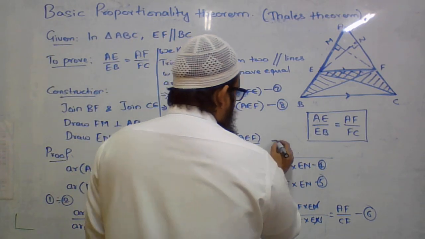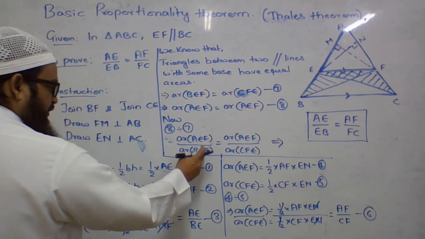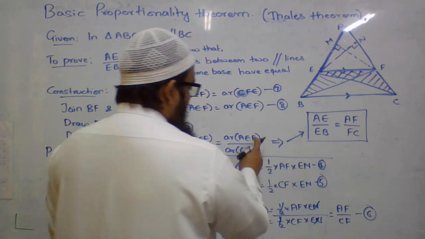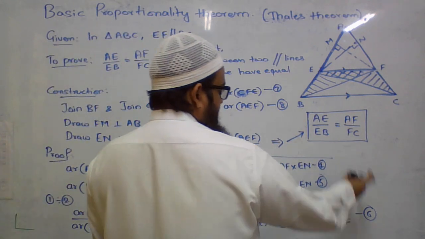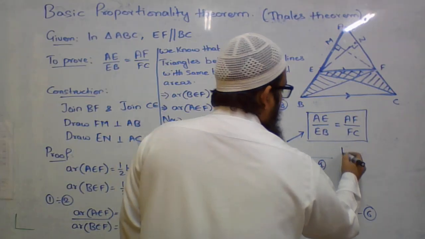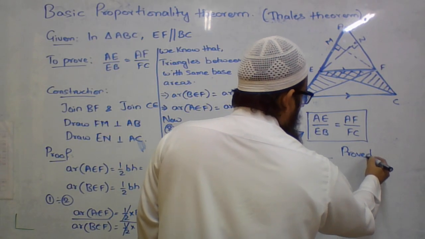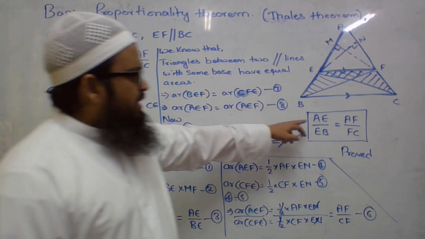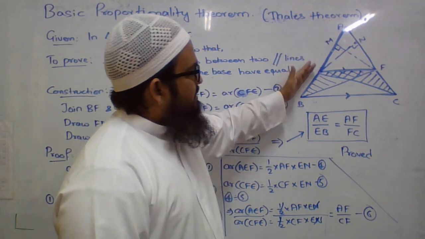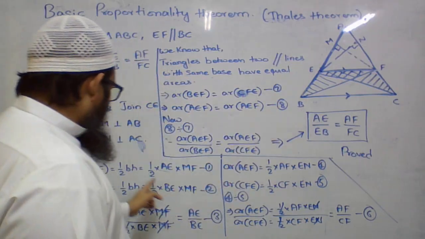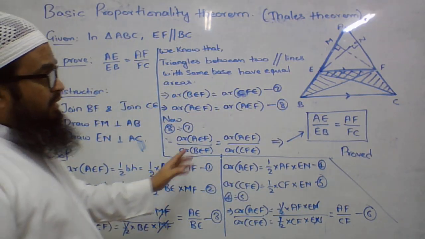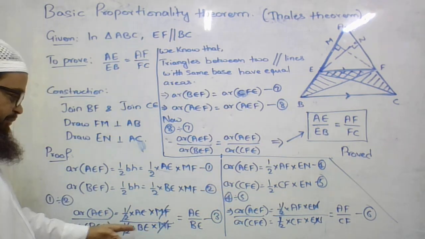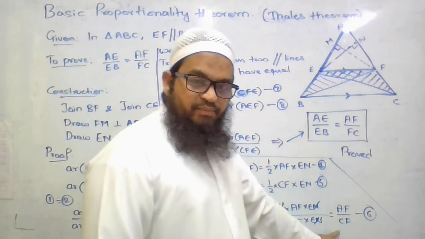So therefore, let me write that area of AEF by BEF is AE by BE, and area of AEF by CFE is equal to AF by CF. So, it's so simple. Understood? Only two concepts. Here, whatever you need, AE by EB, you take them as bases and write their areas. And in the same way, AF and FC, you write those two areas and divide them. You will get AE by BE and AF by CF.